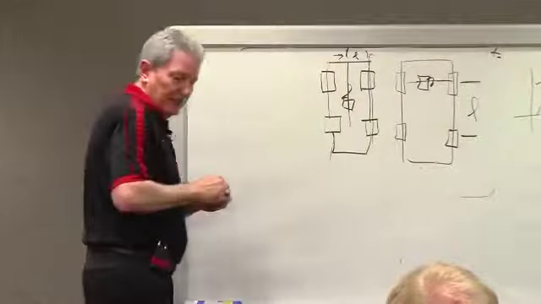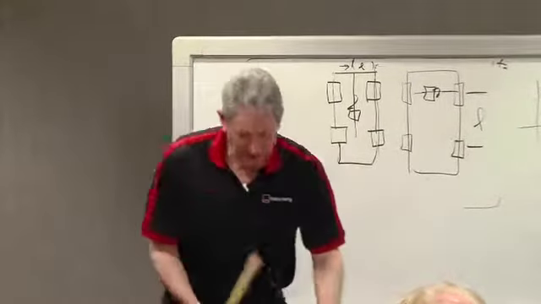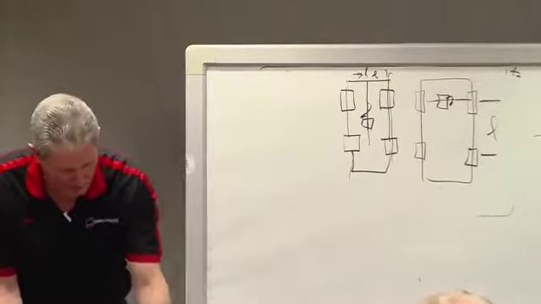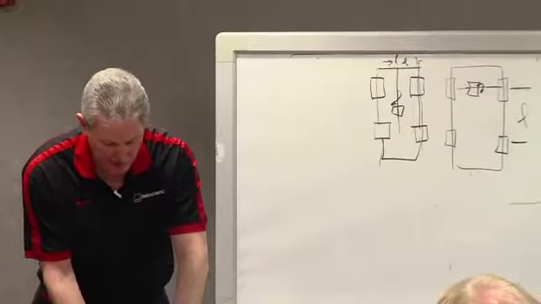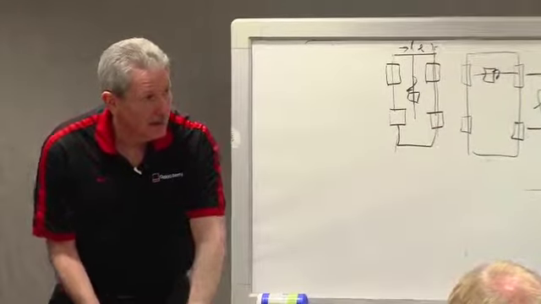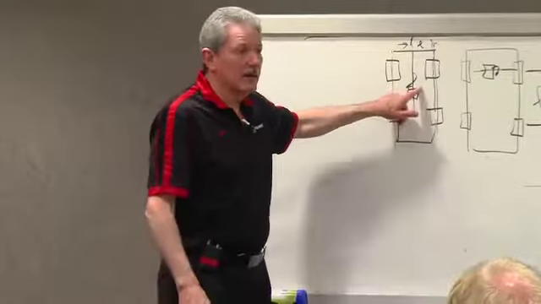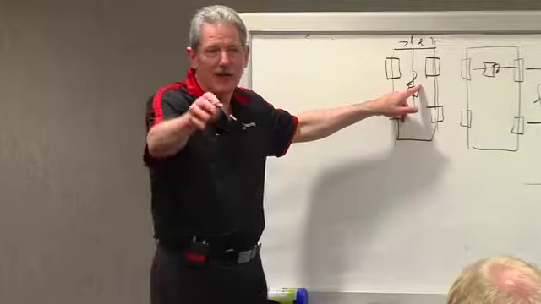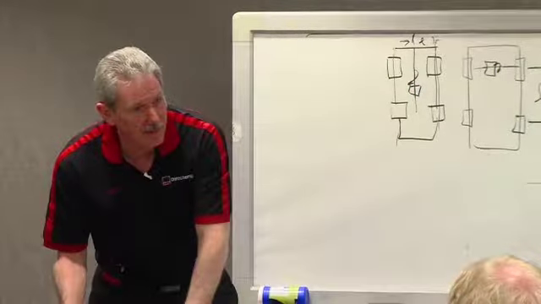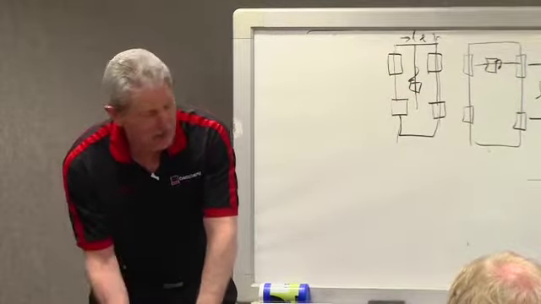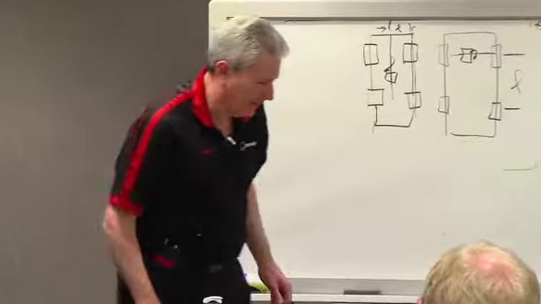So what you've got here is a long L. Here's a short L. With a short L, you have a higher frequency, and you can do the math. But long, lower frequency.